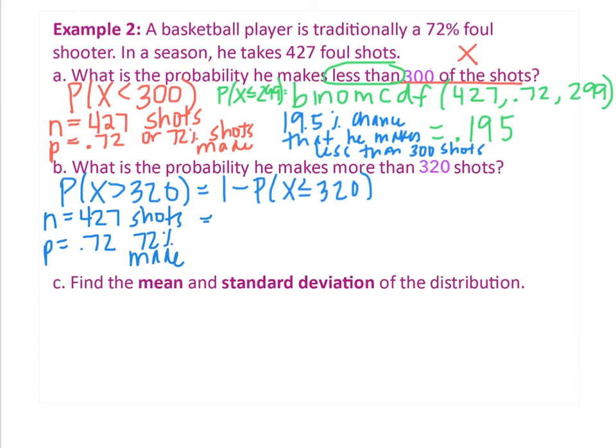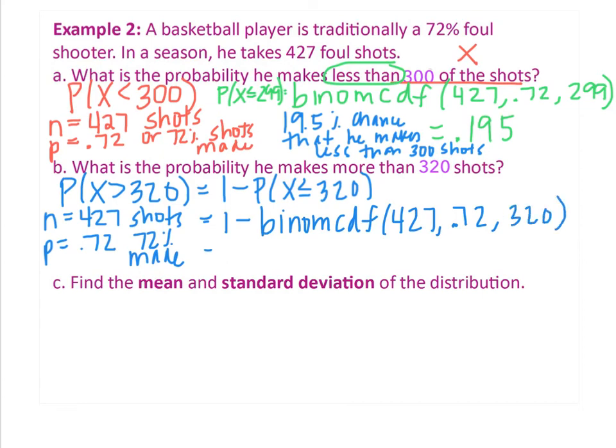So when I go to put this in my formula, 1 minus, it's binomial and it's less than or equal to, so my number stays the same at the end of the problem, binom CDF 427, comma, 0.72, comma, 320.